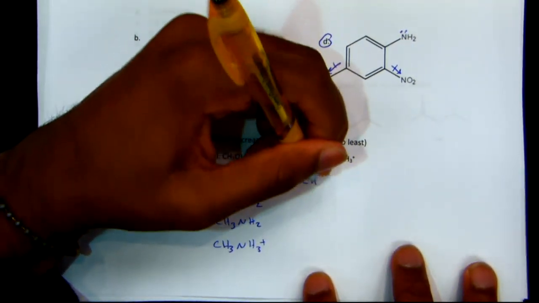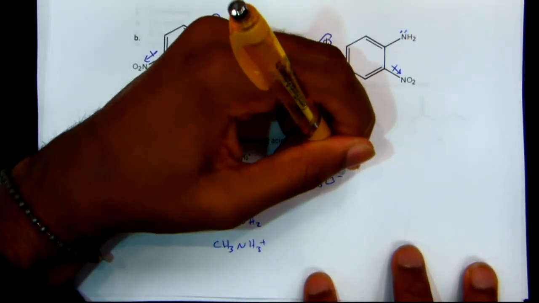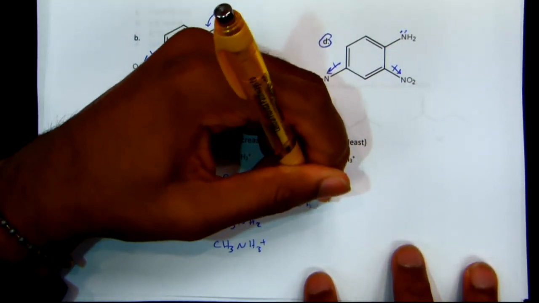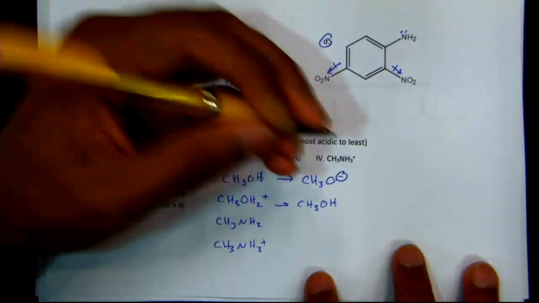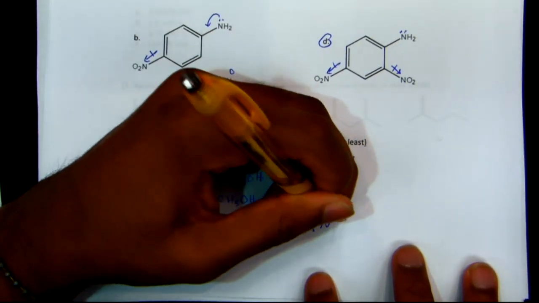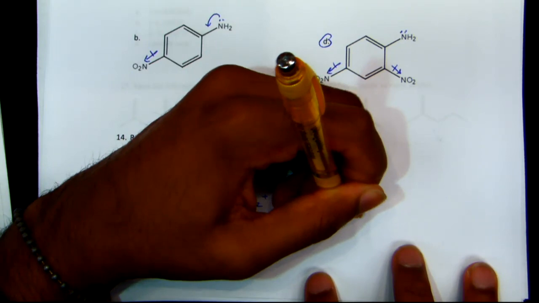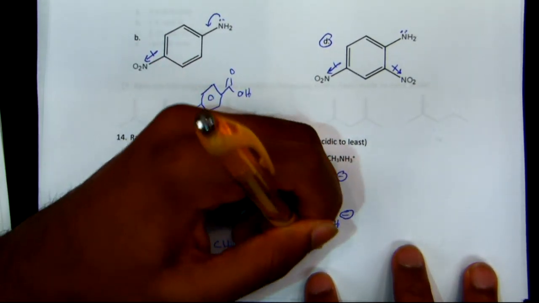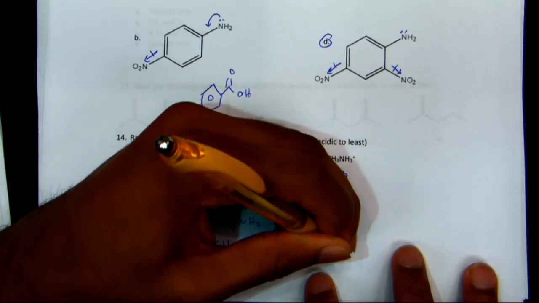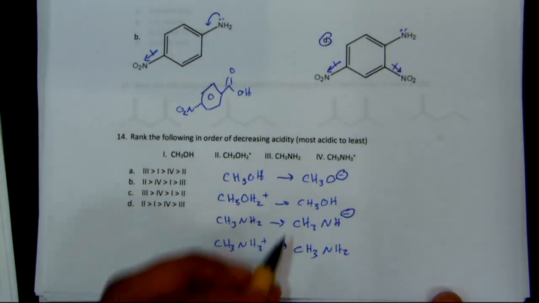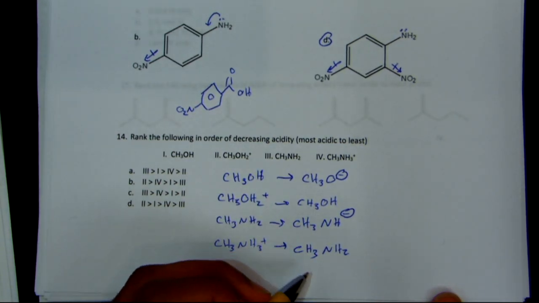So this is going to be CH3O minus. This one will be CH3OH, just regular methanol. This is going to be CH3 with a negative charge, and this is going to be just amine. Okay, so we're looking at stability of the conjugate base. These are all my conjugate bases. Does that make sense?